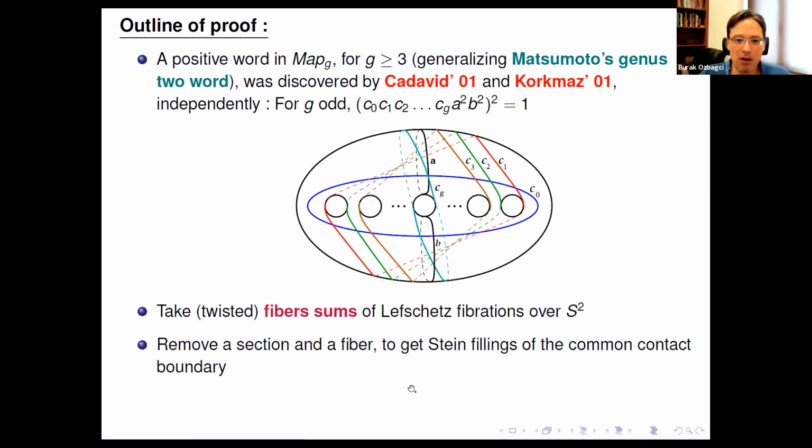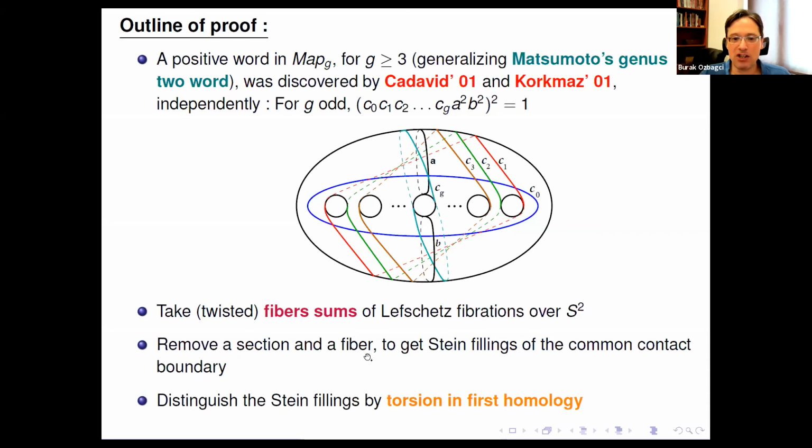The common contact boundary is described by this open book that I told you about in the previous slide. And we distinguish the Stein fillings by torsion in the first homology of the total space coming from the twisting. So this twisting of the fiber sums introduces torsion in the first homology of the four-manifold, and therefore we can distinguish them immediately.